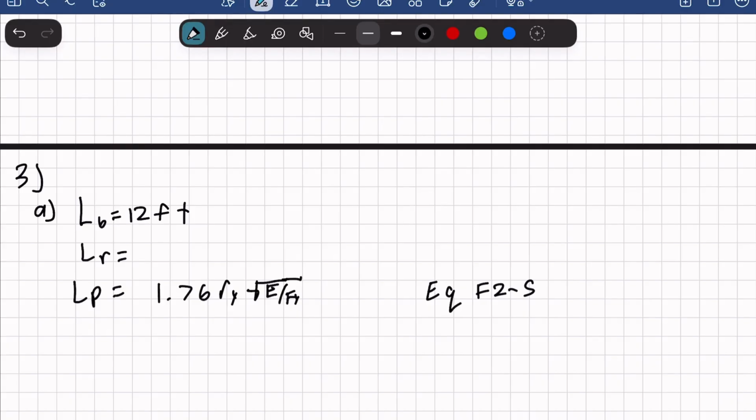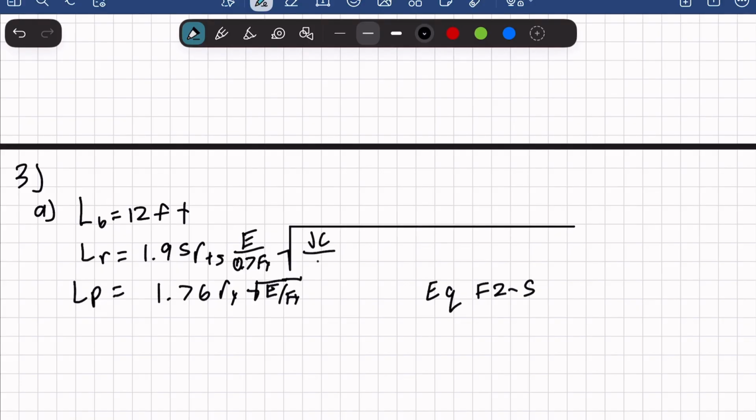And then LR is this really ugly equation that I will write out, and then I will tell you where to get it from in the table, because there is a table that you can use. So it's 1.95 RTS times E over 0.7 FY. And then we go into this massive square root, and you'll see very quickly why I prefer using the table for this.